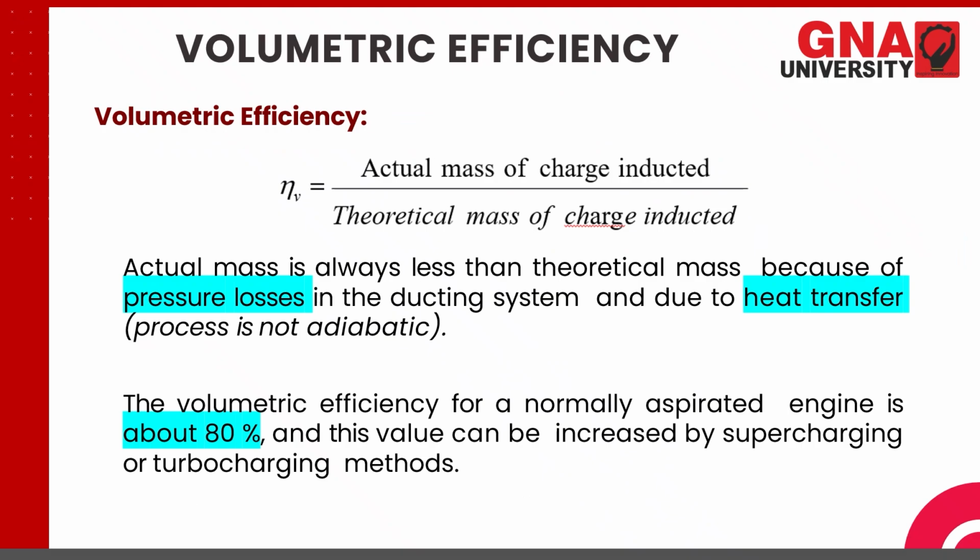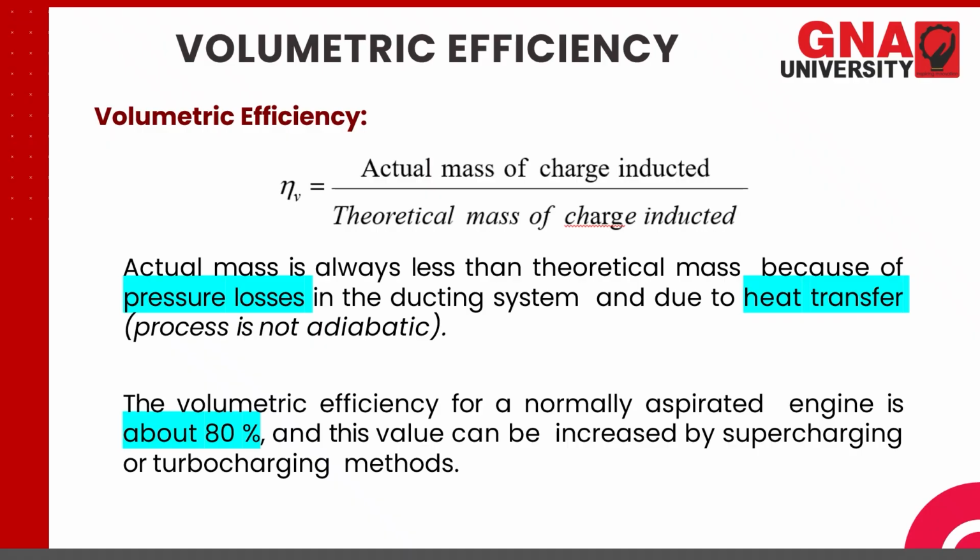Actual mass is always less than the theoretical mass because of pressure losses in the ducting system and due to heat transfer, since the process is not adiabatic. Volumetric efficiency for a normal engine is about 80%, and this value can be increased by supercharging or turbocharging methods.